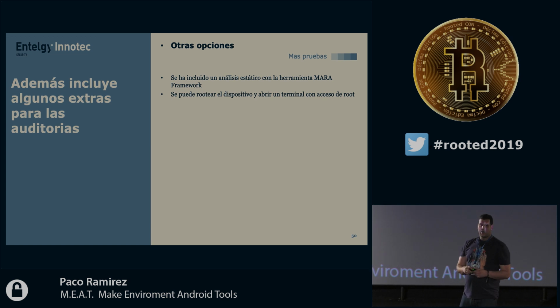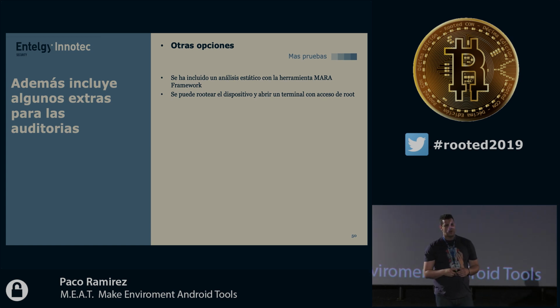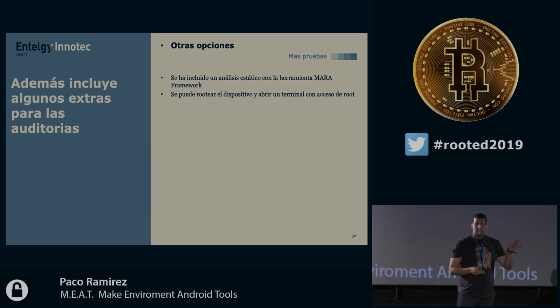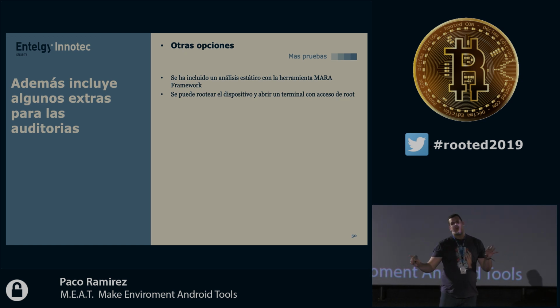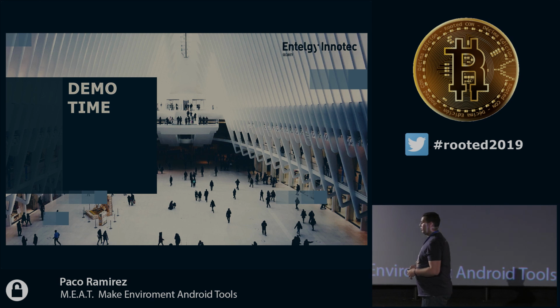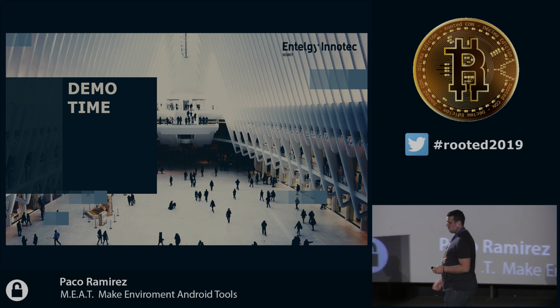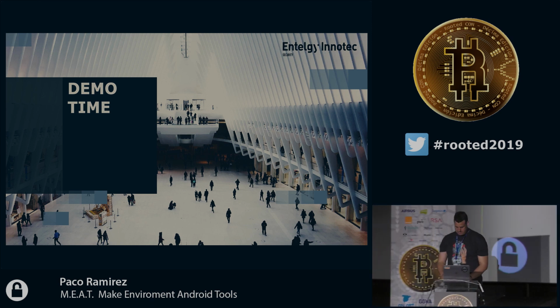But more functions or features are possible. Static analysis with the MEAT tool. I can also have the opportunity to root the device and to launch a shell that will allow me to have access to the terminal, and the terminal will be, in the end, also rooted.